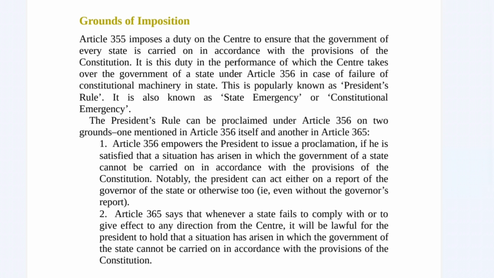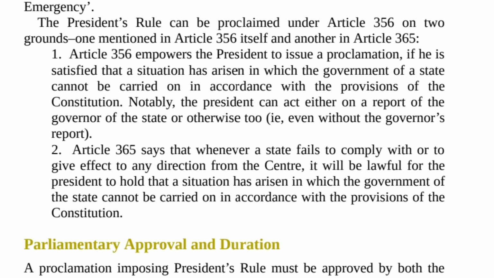Article 356 of Indian Constitution empowers the President to issue a proclamation if he is satisfied that a situation has arisen in which the state cannot be carried on in accordance with the provision of the Constitution. The President can act either by himself or on the report of the governor of the state or otherwise too.